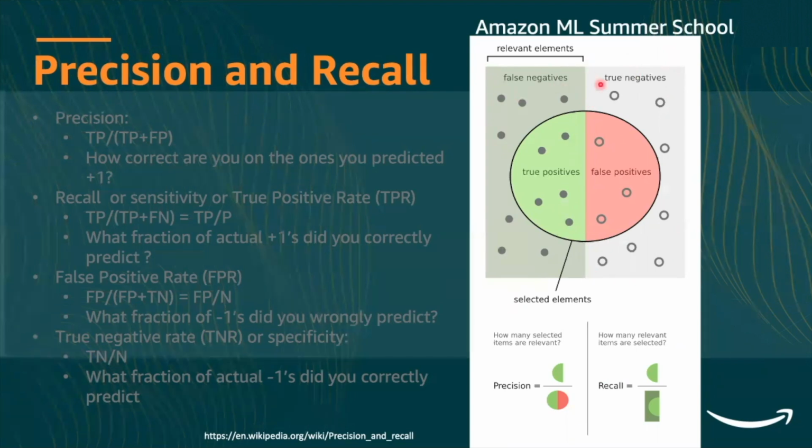Anything to the left of the center line is a positive example, true positive, the actual labels of these are 1. Anything on the right-hand side, which is the light gray region and this pink region, is all the examples with true label as 0. Let's consider 1 and 0 for now.